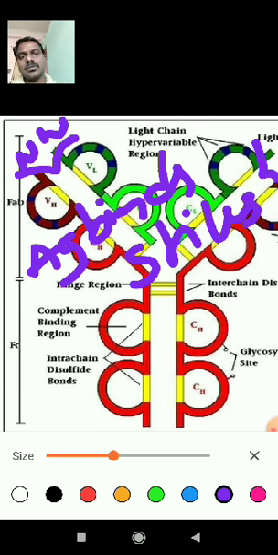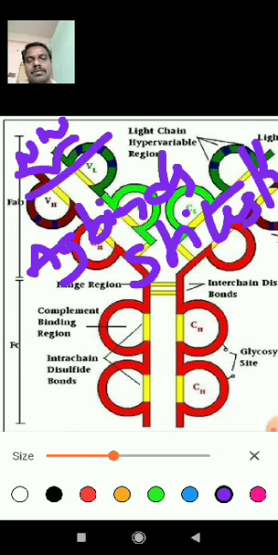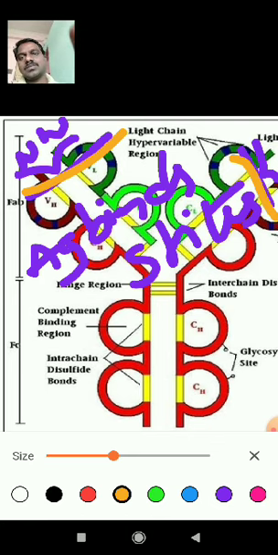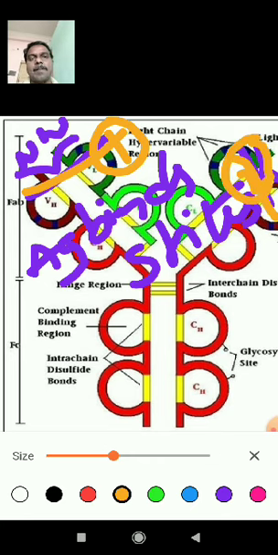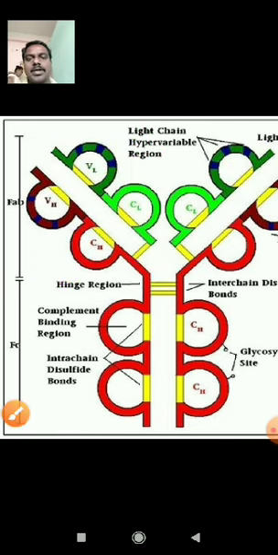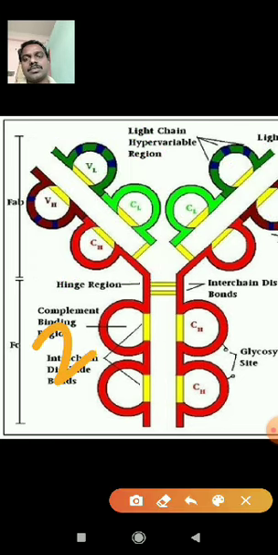Every antibody contains two sites, this N terminal and this N terminal. There are two sites present here and here. So this one is one antibody binding site and this one is the second, meaning every antibody binds with two antigens only with the help of the N terminals.